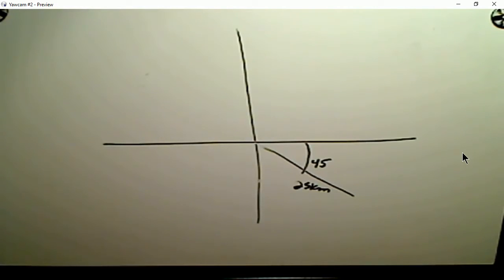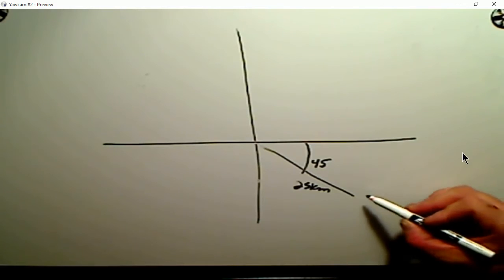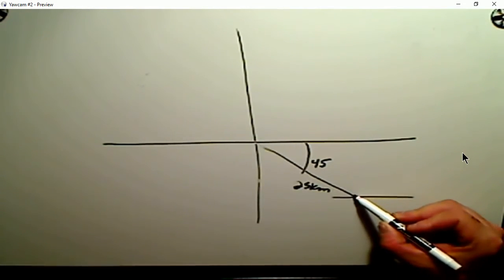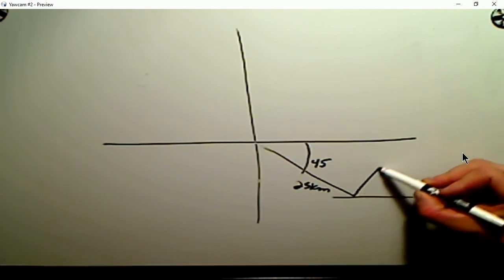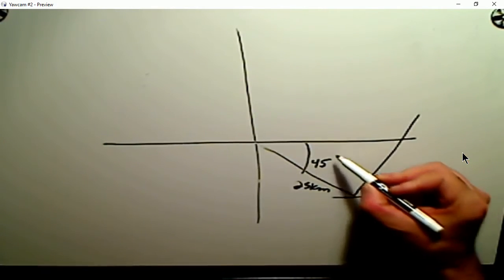Then walking 40 kilometers in a direction of 60 degrees north of east. Like so. This means 60 degrees.